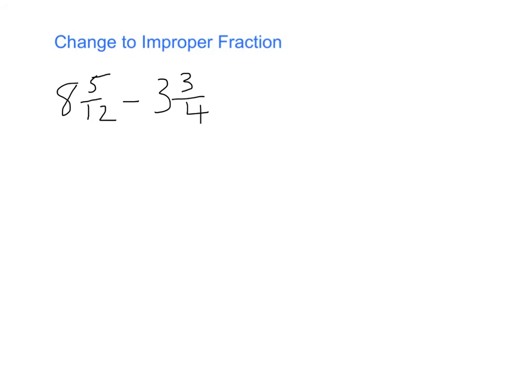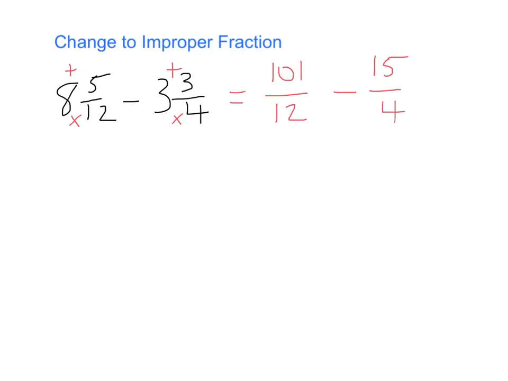Alrighty, so to do that, we multiply 12 by 8, and then we add the numerator. Okay, so we have to do that to both of these to work out the improper fraction. So 12 eights are 96, plus 5 is 101 twelfths, minus 4 threes are 12, plus 3 is 15 quarters.